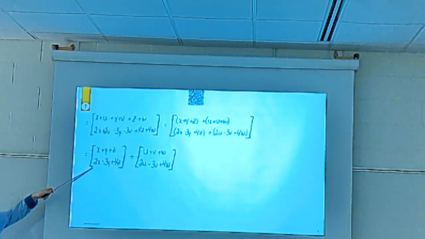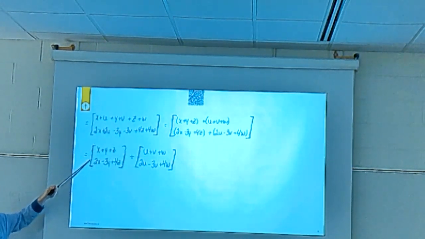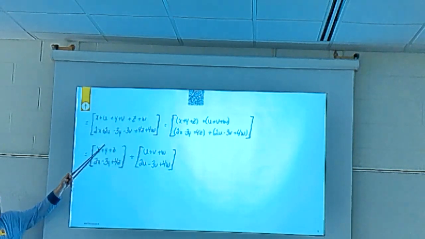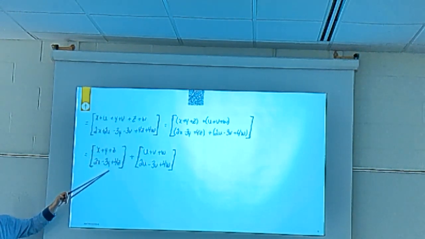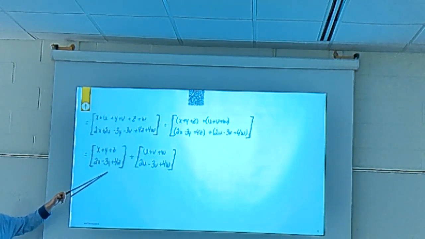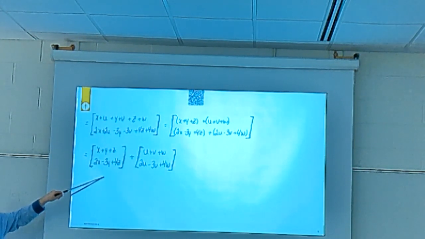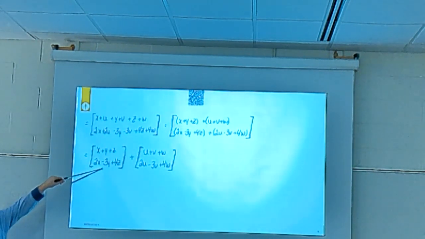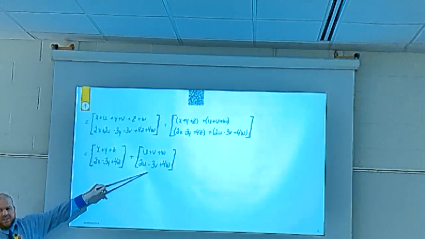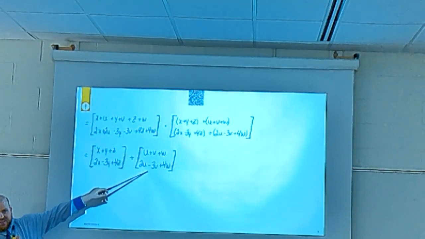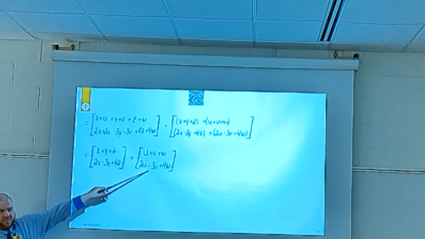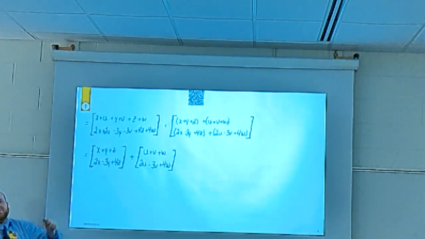What's this vector? That's just f of x, y, z, right? What's this? f of u, v, w. Which is what we want.